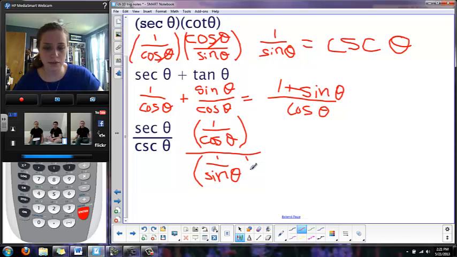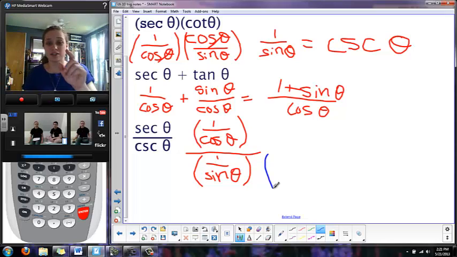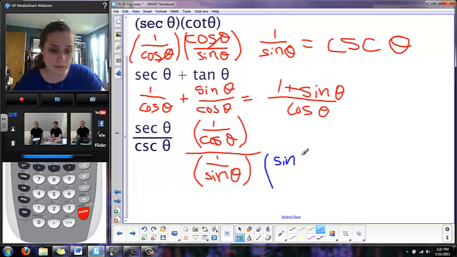Now, I believe that we have done this together before, so I think that this is how you do it. You need to multiply by the reciprocal, so I'm going to multiply by sine theta over 1 on the top and the bottom, because all that stuff is going to cancel.